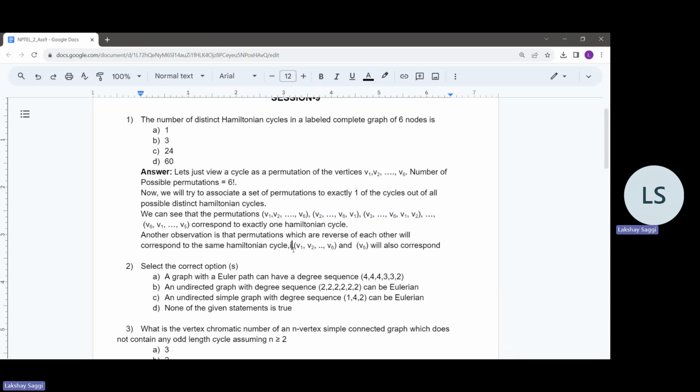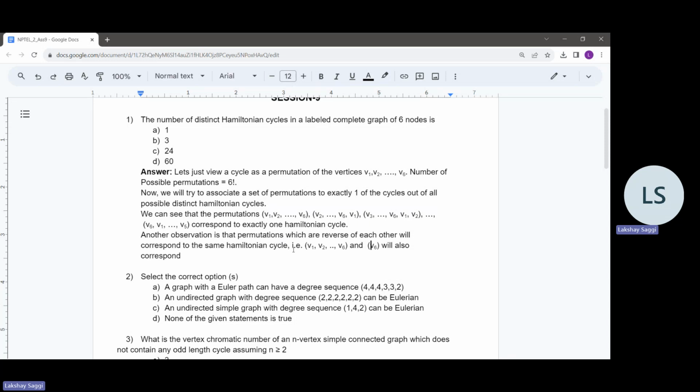For example, V1 up to V6 and the permutation V6, V5, V4, V3, V2, V1 will correspond to the same Hamiltonian cycle.